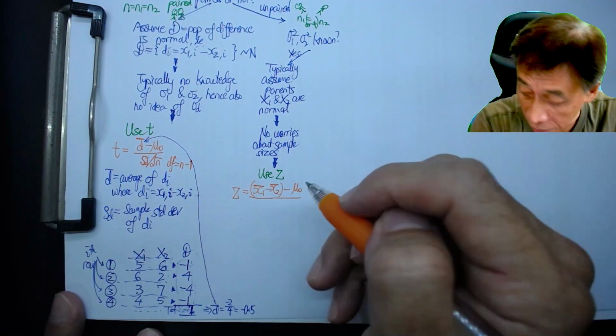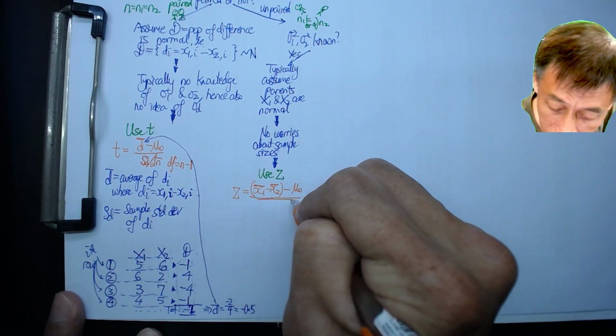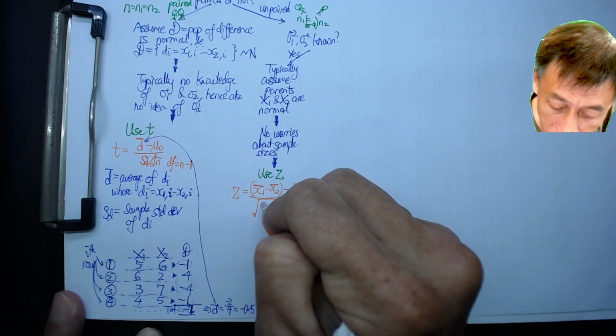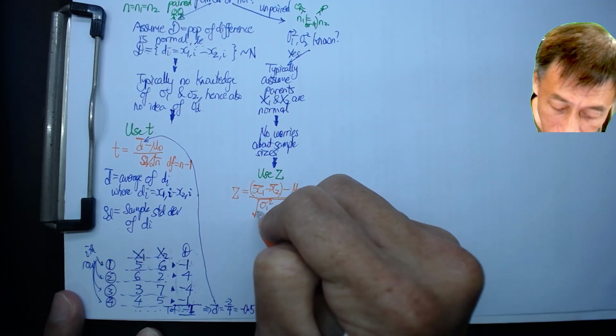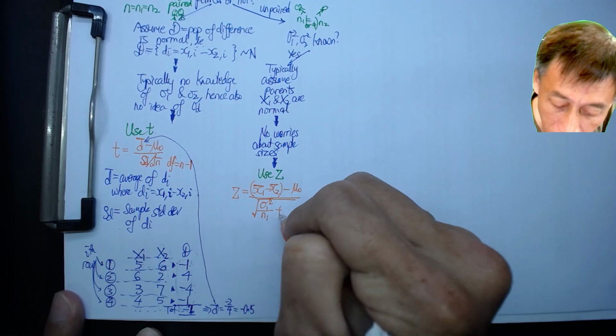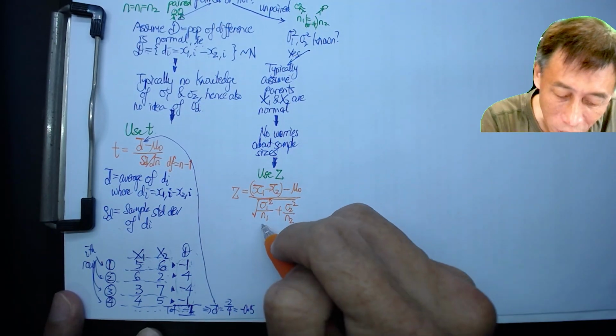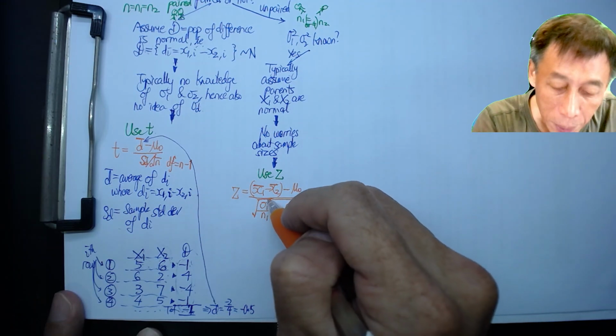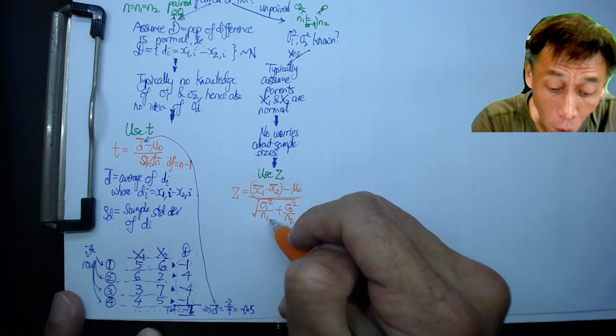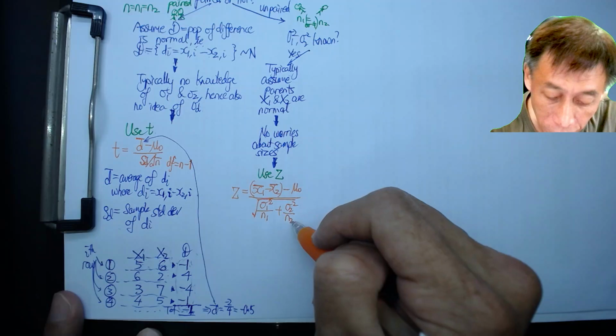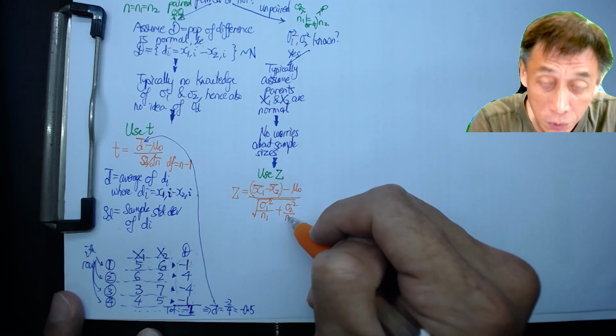That is basically going to be the square root of sigma 1 square over n1 plus sigma 2 square over n2. Notice this is just the variance of the sampling distribution of the sample mean for x1, and this is the variance for x2.